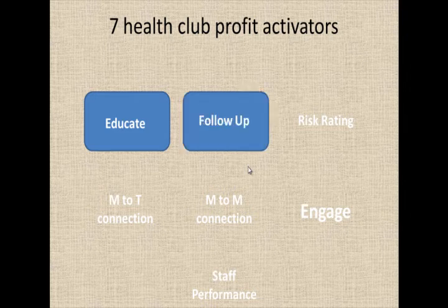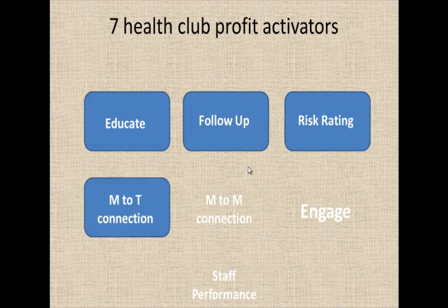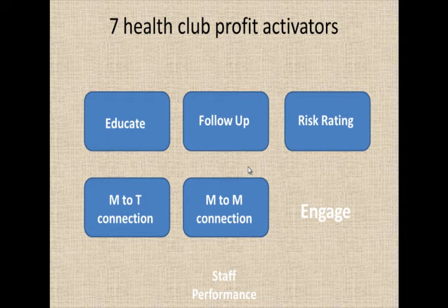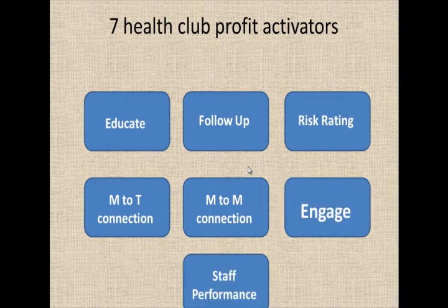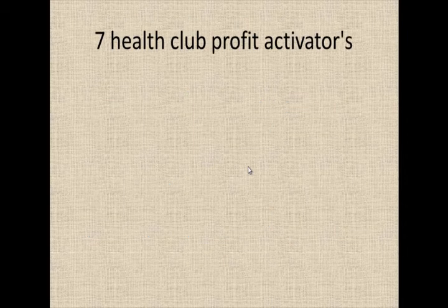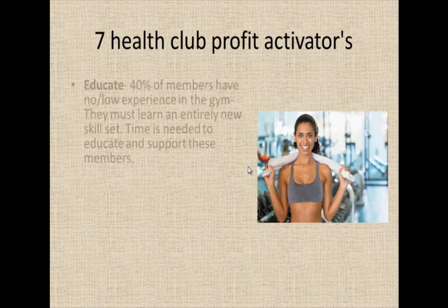Then we've got follow up, risk rating, member to trainer connection, member to member connection, engage, and then we've got staff performance. These make up our profit activators. These are our retention principles that lay the foundation for our tactics and strategies. So let's explore each of these.